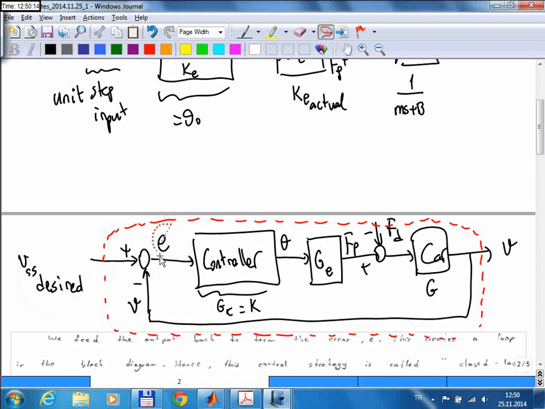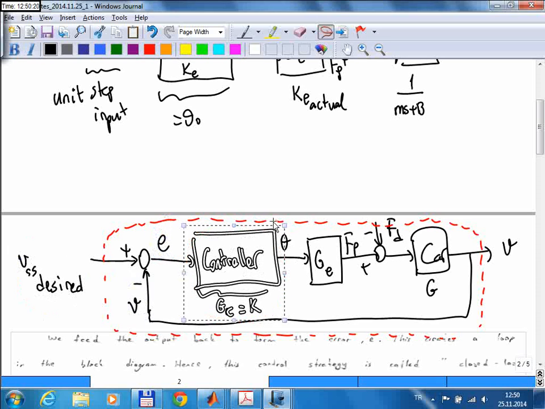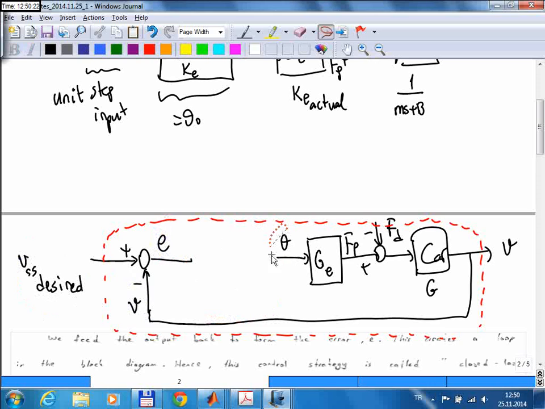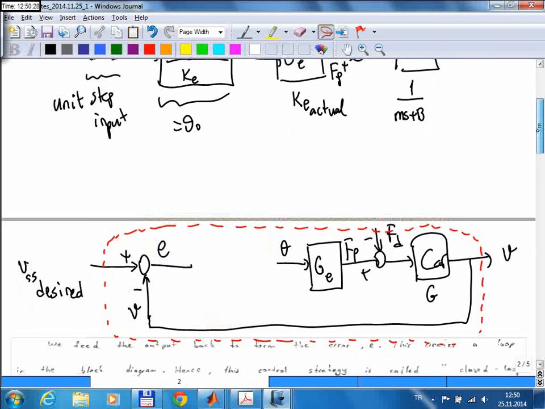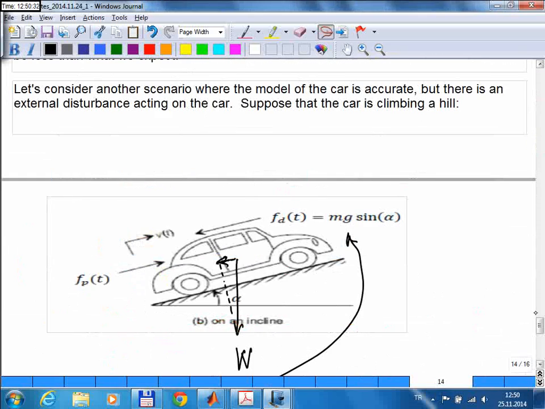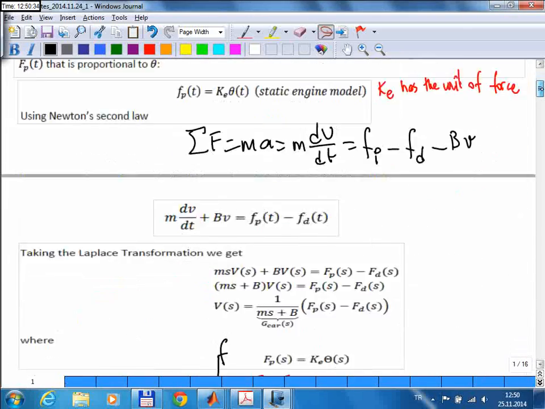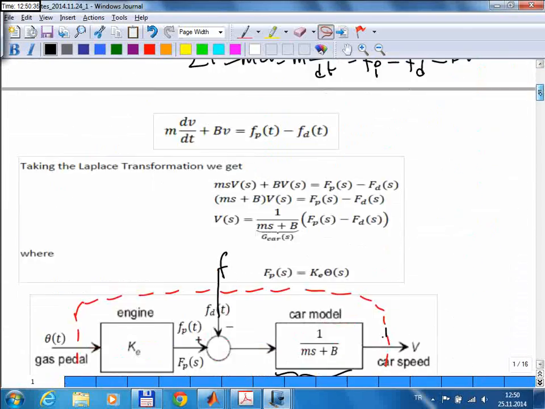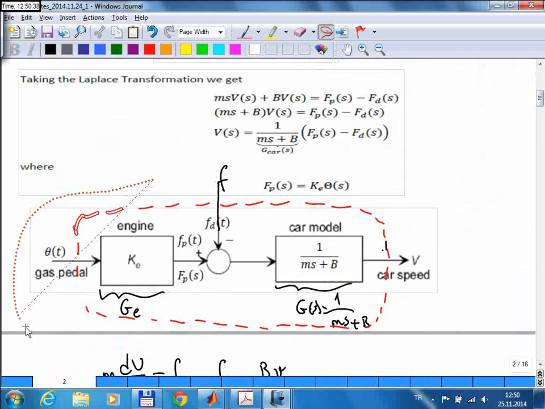Now this is the error signal, and we need to decide how much gas pedal input should be applied to the car. So this is the actual input to the car. So now I'm enlarging the block diagram, if you notice that. The original block diagram is here. When we first started studying the problem, this was the original block diagram, right?